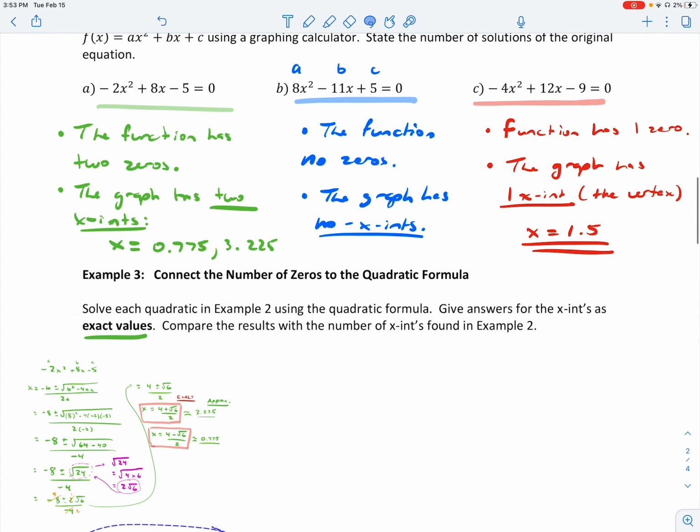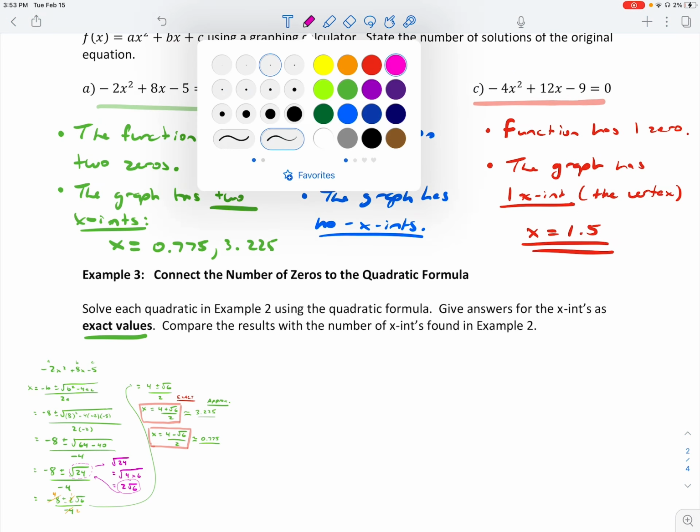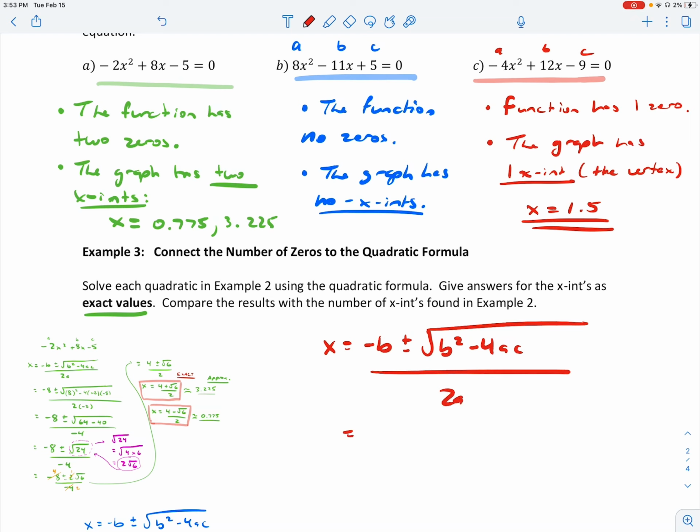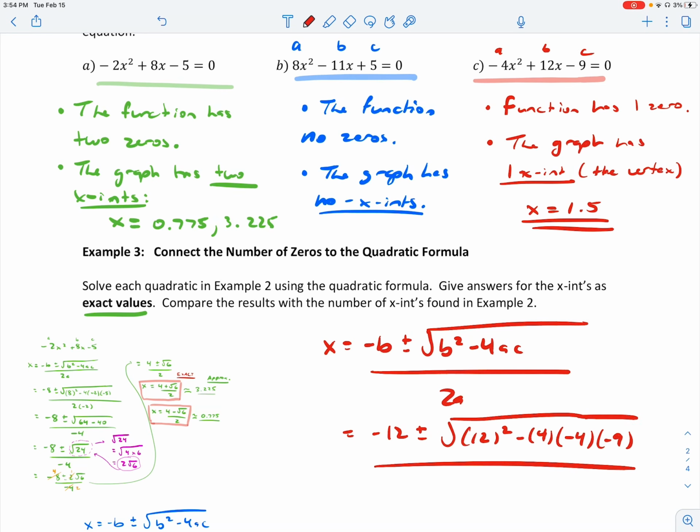All right, and looking at the one in red, we only had one solution. Let's do the quadratic formula and see what happens. Again, this is A, B, and C. B is 12, so we have negative 12 plus or minus the square root of 12 squared minus 4 times the first term, negative 4, and C, the last term, negative 9, all over 2 times A, so 2 times negative 4.